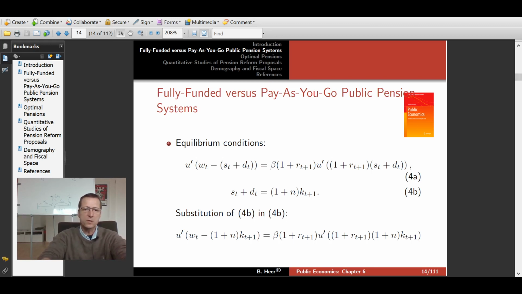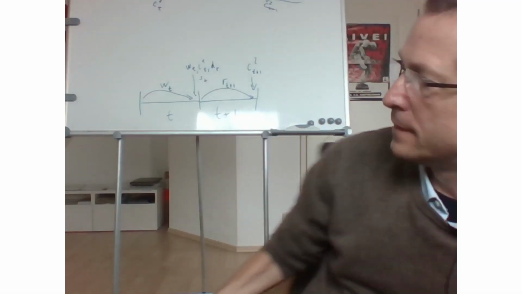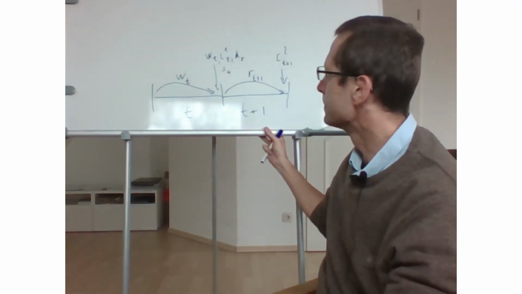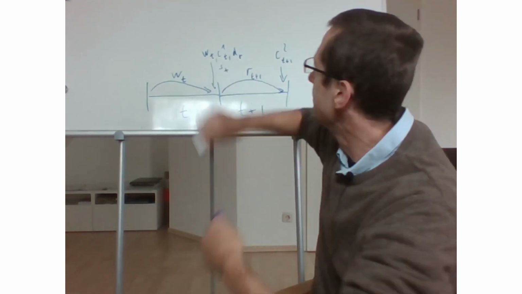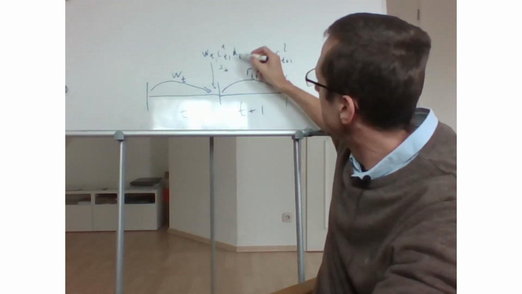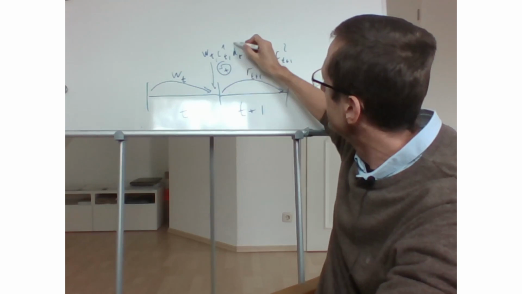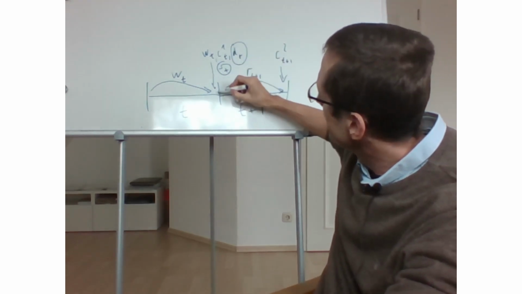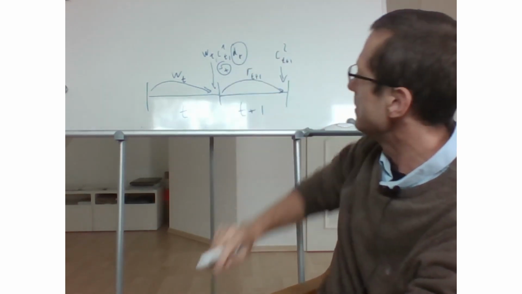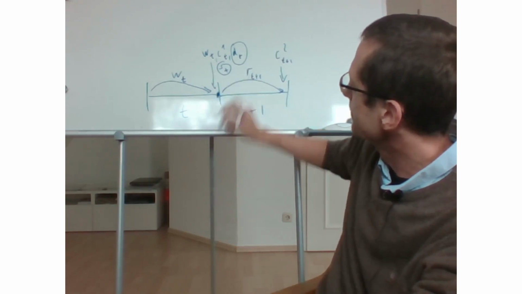So if we go back to our whiteboard here, we assume that we invest ST and DT, we save at the end of period t here at this time.